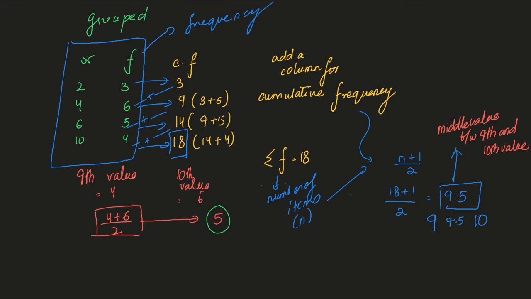In this case, the ninth value is 4, the 10th value is 6. So the ninth value plus the 10th value divided by 2, because we're finding the middle value between the ninth and 10th. So 4 plus 6 divided by 2 gives you 5 as the median.